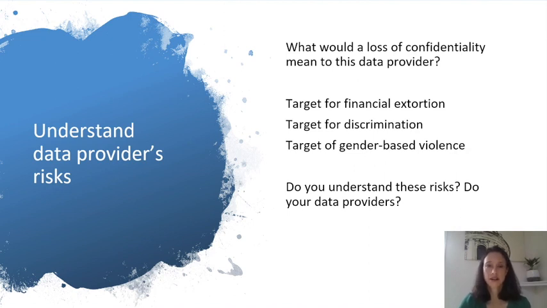If there is a loss of confidentiality and an unwanted disclosure, could the data provider become a target for financial extortion, discrimination, gender-based violence? Do you understand these potential risks, and do your data providers? Do you have a shared understanding of these risks? And are they clearly communicated at the time of informed consent? I'll talk through informed consent a little later in the session.